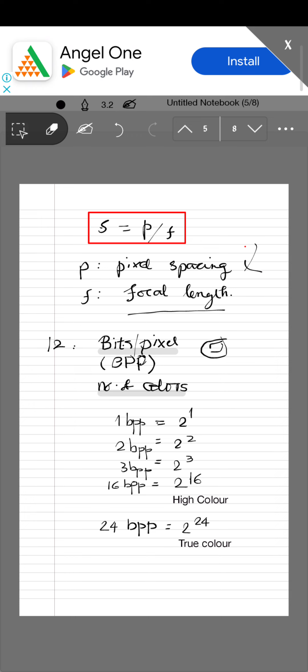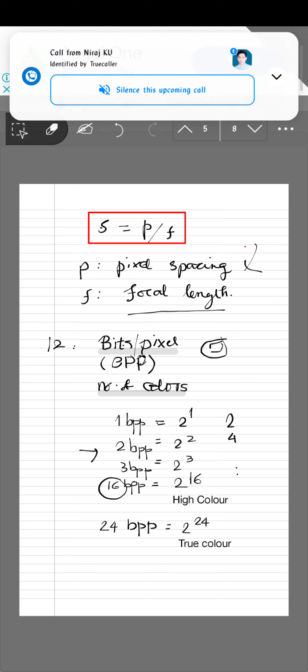If it is 1 bpp, it means 2 to the power 1, so basically you can only have a black and white image. If it is 2, then the number of colors it can show is 4, and the list goes on. Now if it is 16 bpp, that is 2 to the power 16 different colors can be shown.